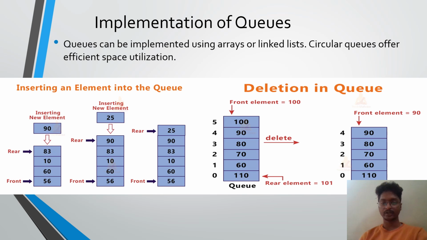But during deletion, we delete the element first and then increment. In both the cases, incrementation is common. And one disadvantage in queues is that it causes memory wastage. This disadvantage can be overcome with the help of circular queues, which helps in better memory management.